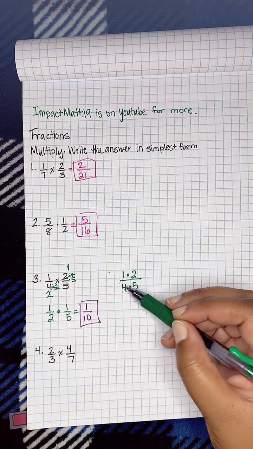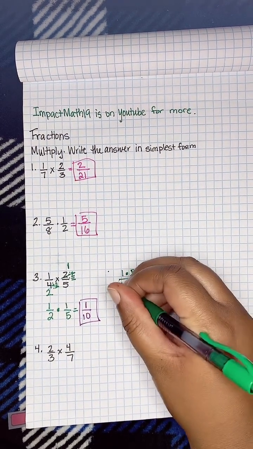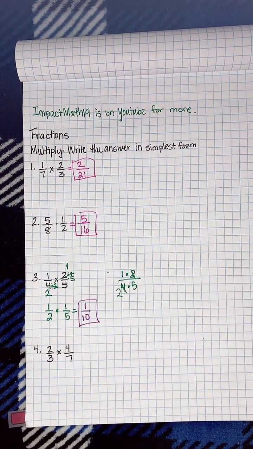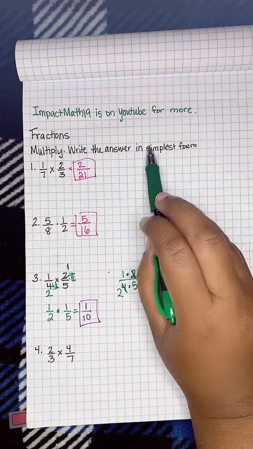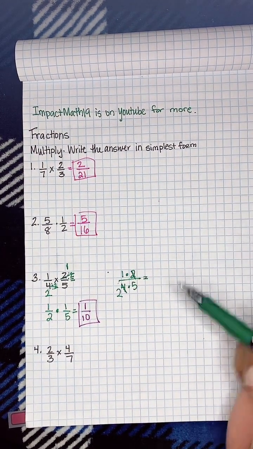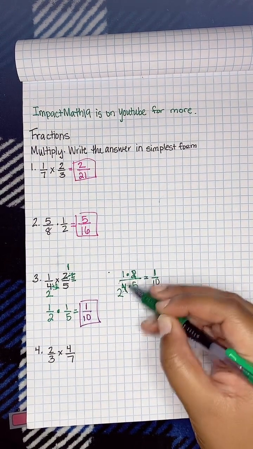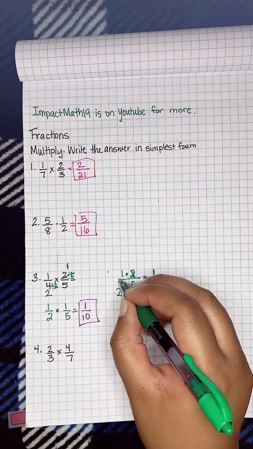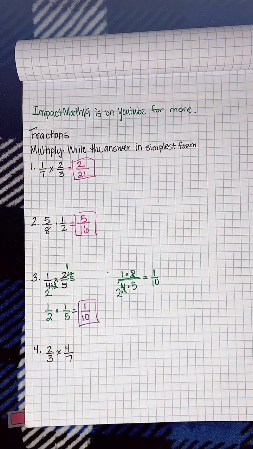So that's why we're able to simplify this to 1/2, if that makes sense. Yep, simplest form. And it did say in the directions that we have to put it in simplest form. So we're going to do 1/10. So that's why we're able to divide them, is because really this bar means division. Great question.